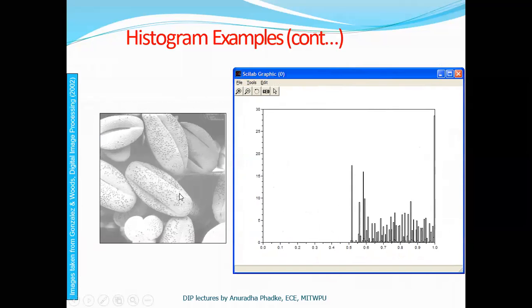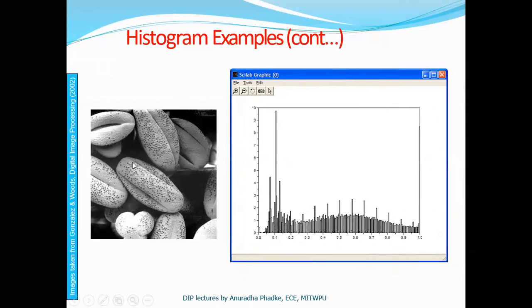It appears as a bright image. This particular image is captured with very good illumination, and the contrast for this image is very good. If you look at the histogram, it is approximately equally distributed over the available dynamic range.